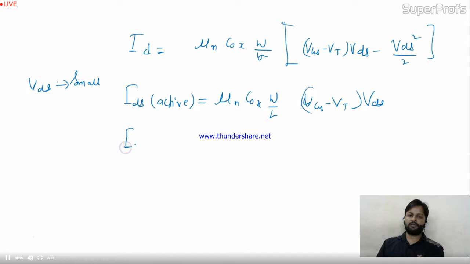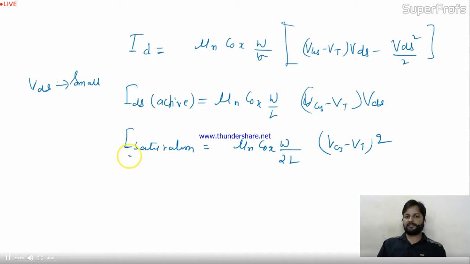But if we talk about the saturation region, this formula becomes mu n COX W by 2L (VGS minus VT) whole square. Because in saturation VDS is VGS minus VT.